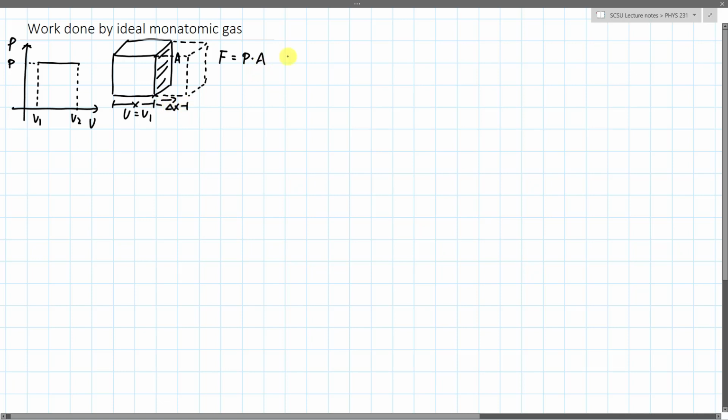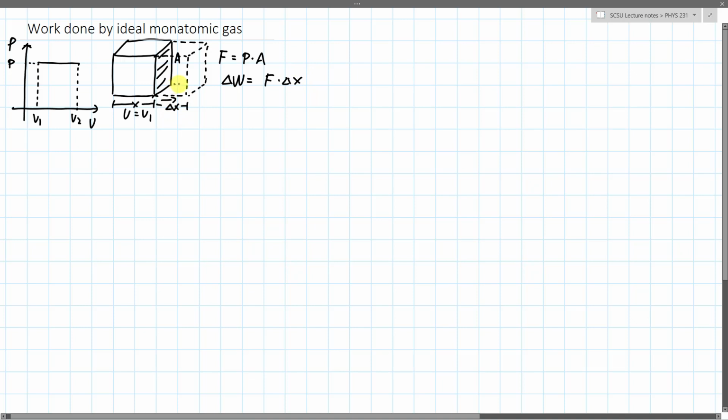All right. So now we know force, we know how much work is done. Because delta x is a small quantity, we'll also use delta W to describe a small amount of work done. This is not a full expansion into volume V2 yet. It's just on the way from V1 to V2. So the work done is force times a small displacement, delta x, just like I drew here.